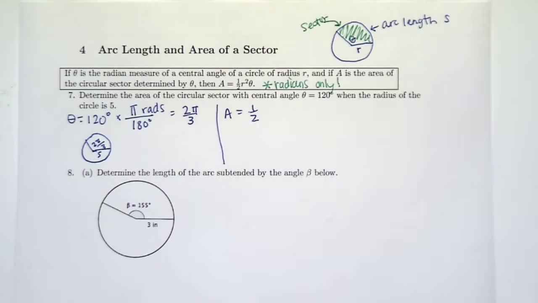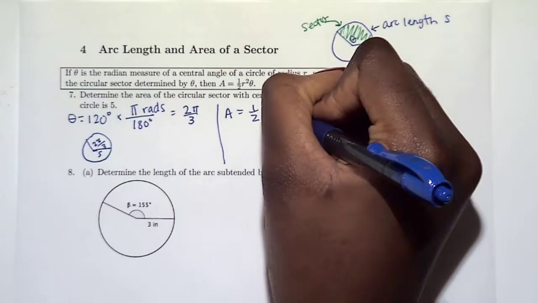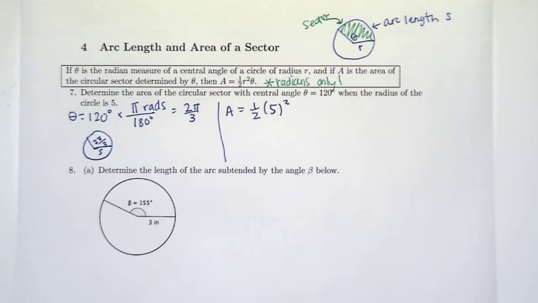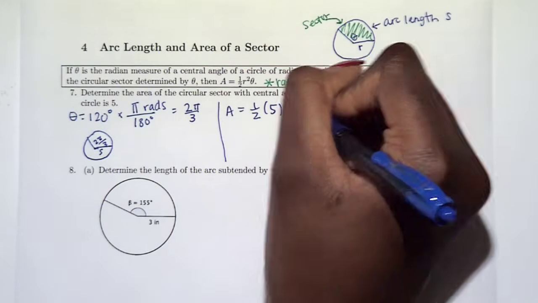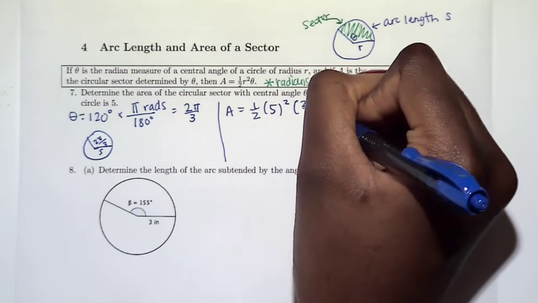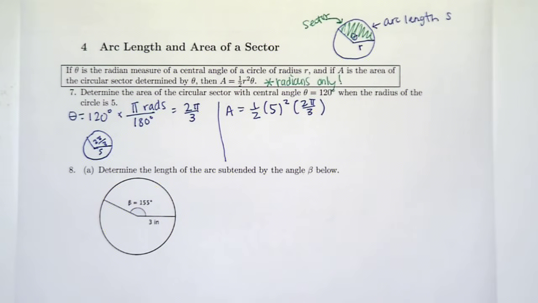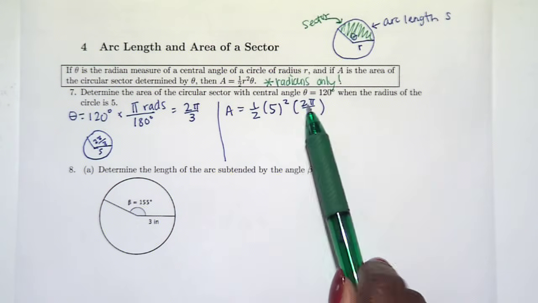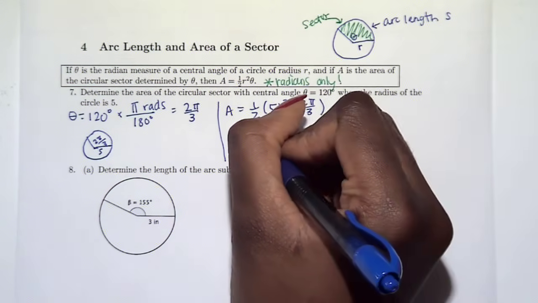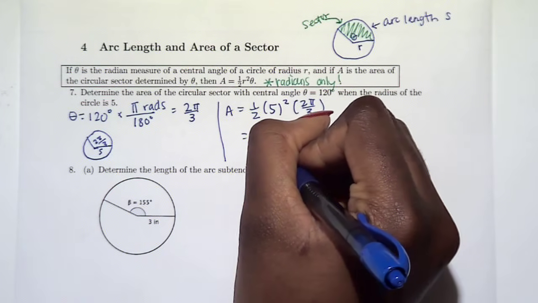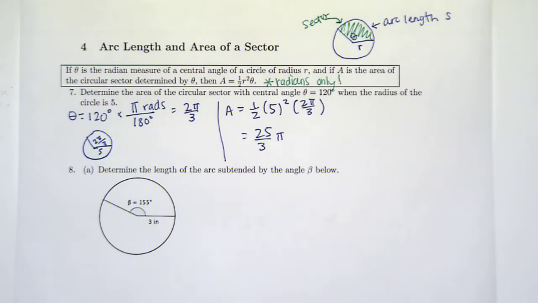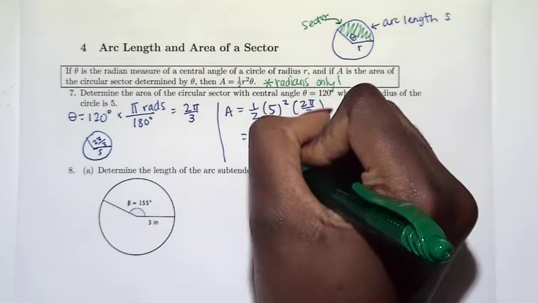It's 1/2 times the radius squared times our angle in radians. All right, so I see I'm dividing by 2, multiplying by 2. Those will cancel, so we'll have 25 over 3 pi is our area.